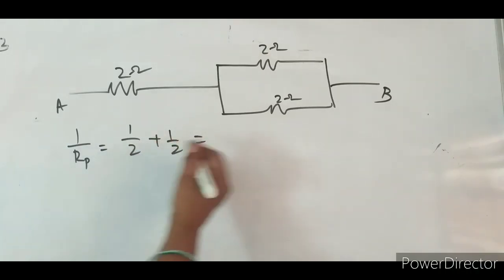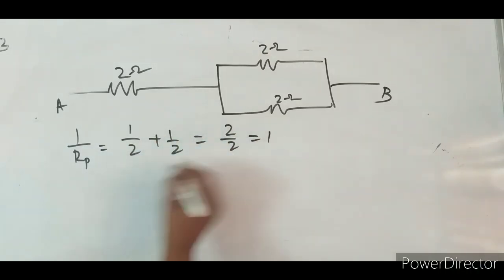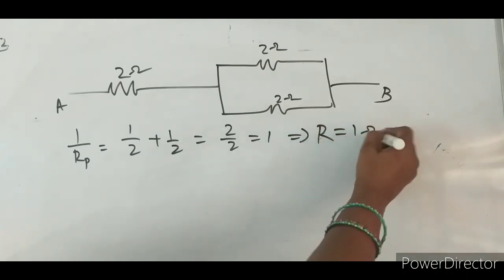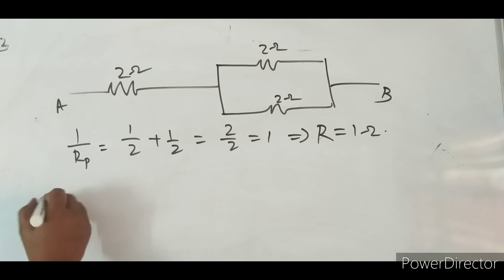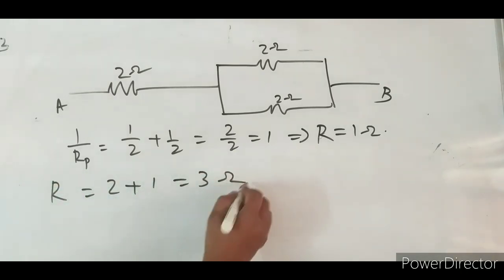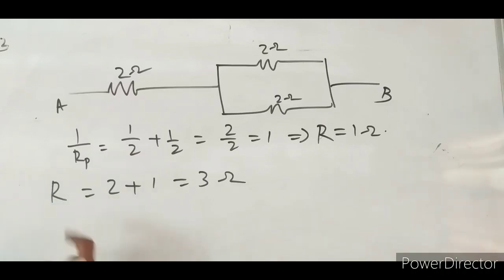So this will be 2 by 2 equal to 1. It implies R equal to 1 ohm. So the effective resistance R equal to 2 plus 1, this will be 3 ohm. So the effective resistance through AB will be 3 ohm.